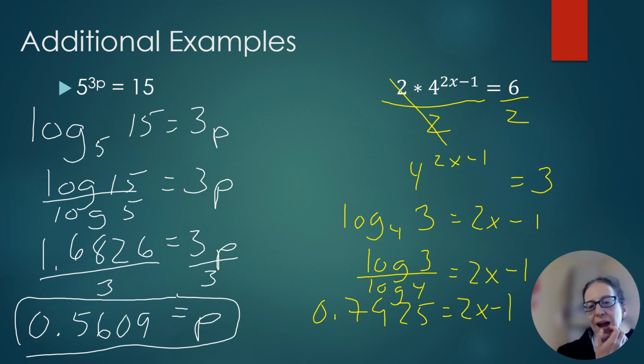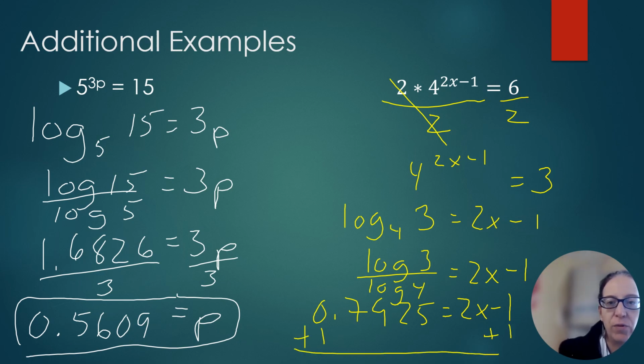So I want to solve for x, so I need to add 1 to both sides. And I'm going to run out of space on this, so I'm going to move up a little bit further up here. 1.7925 is equal to 2x.